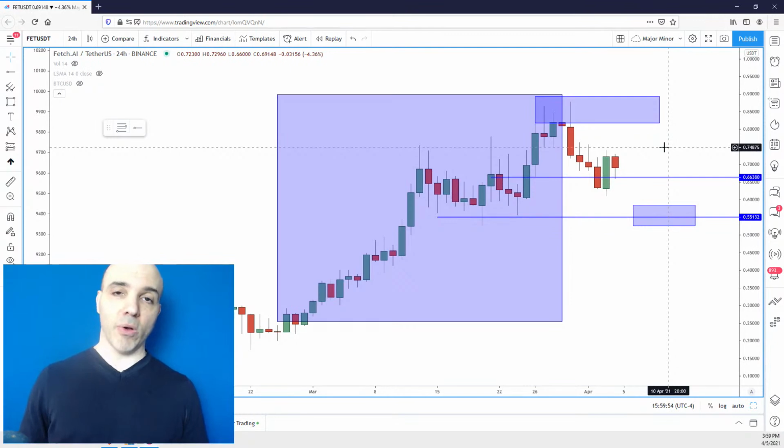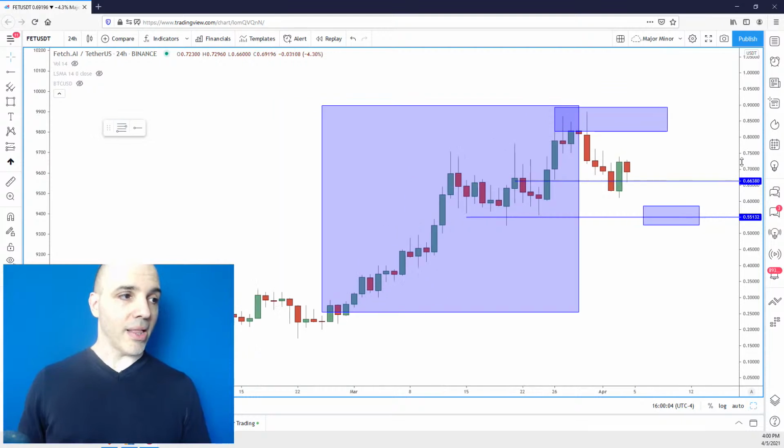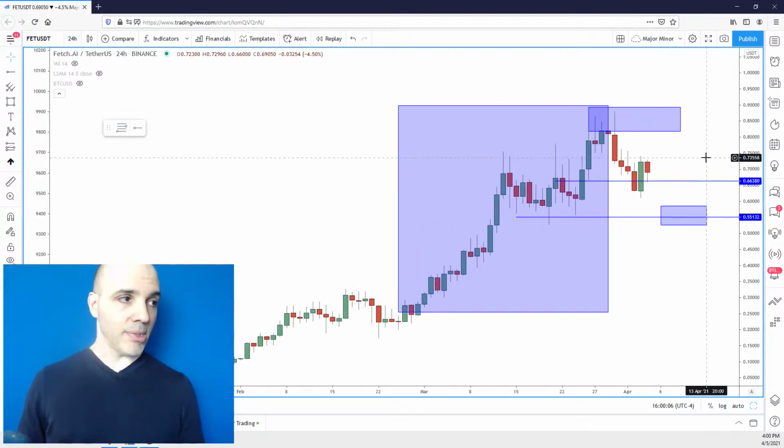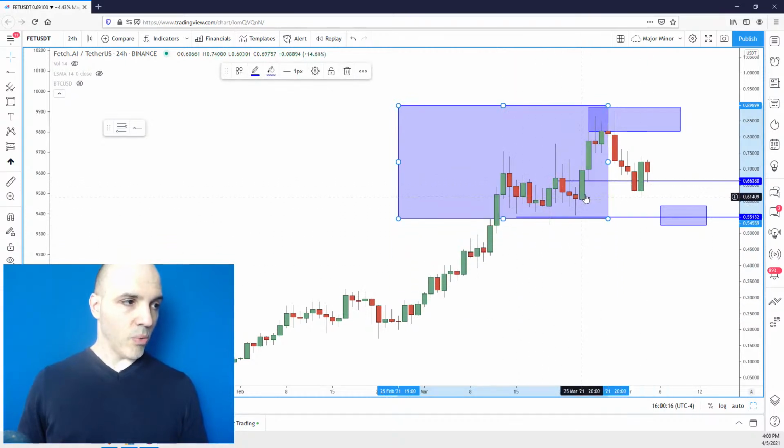Then you have to figure out how you want to reduce that risk. But that's not a place you want to be putting on more and more if you're at a range high, okay? A lot of these things consolidate their gains before they go higher, like we saw Binance Coin and a couple of other ones. Look at this consolidation back here. So you may run into another one of these situations where it consolidates.